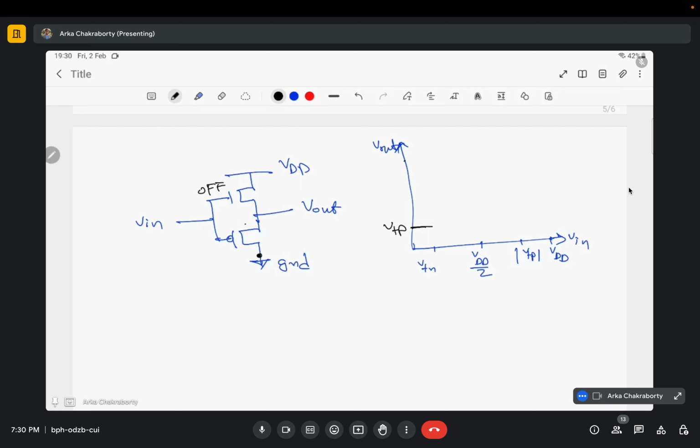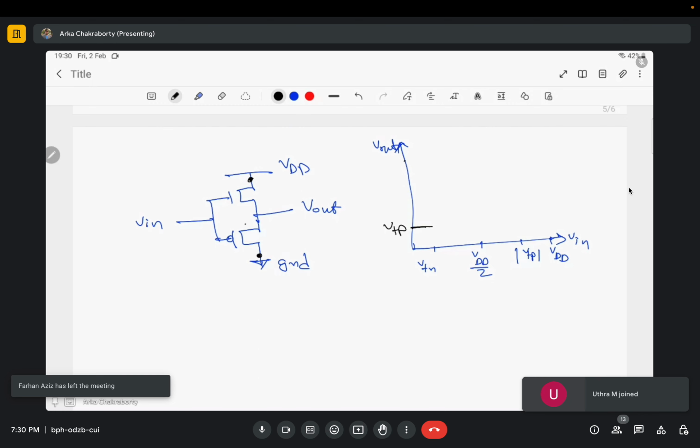When my V in is VDD, my NMOS will turn on, but will it be able to pass VDD? No, it will only be able to pass VDD minus VTN, because NMOS passes a weak 1 but a strong 0. So instead of VDD in this region, it would be VDD minus VTN.